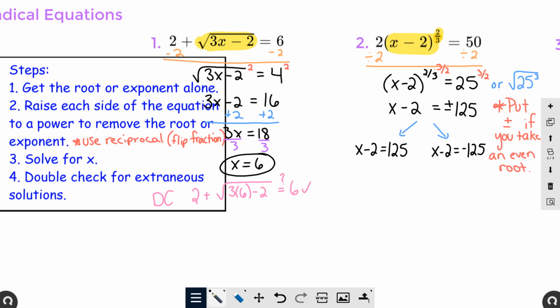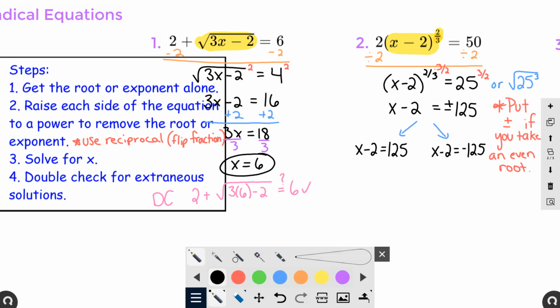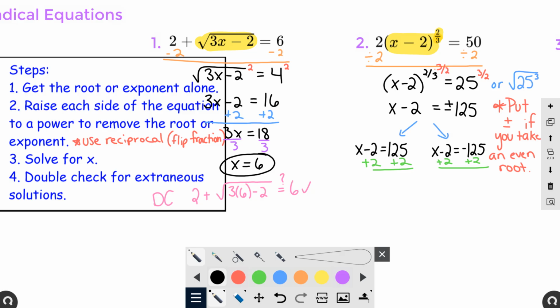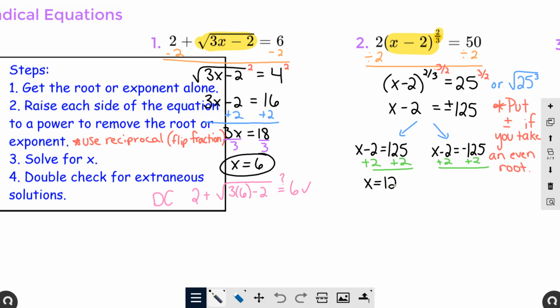Now, what would you do to solve those equations for x? So we're going to add 2. So x equals 127 and x equals negative 123.